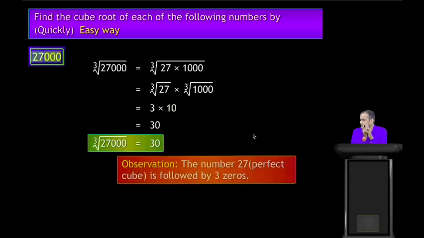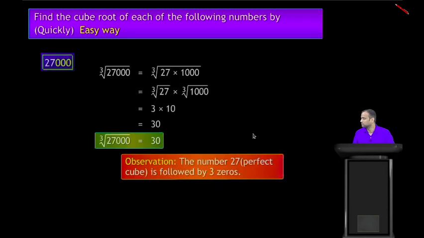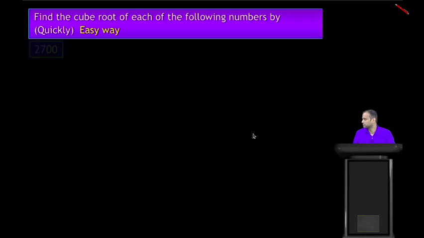The number 27, a perfect cube, is followed by 3 zeros. Remember one more thing: if there are zeros in any perfect cube, the number of zeros should be a multiple of 3. Either it is 3 zeros or 6 zeros or 9 zeros. Like this. So here 2700.